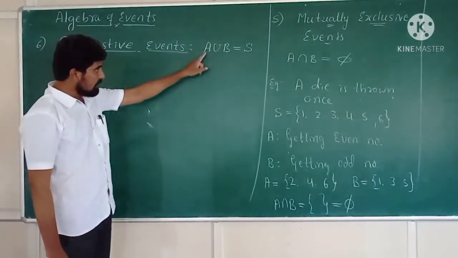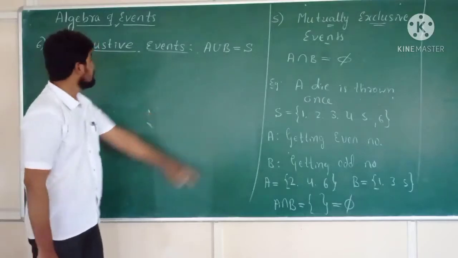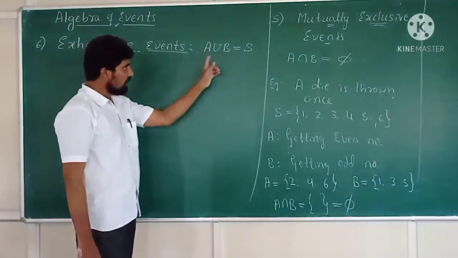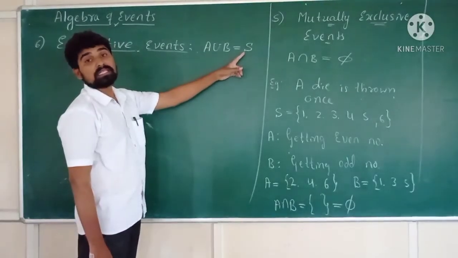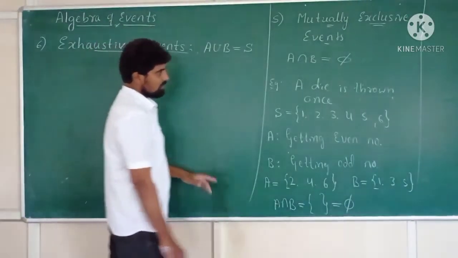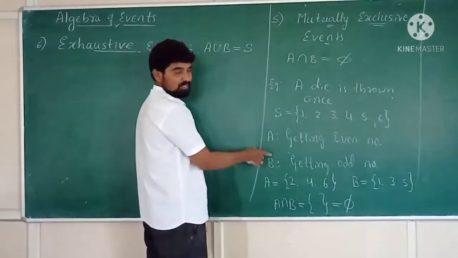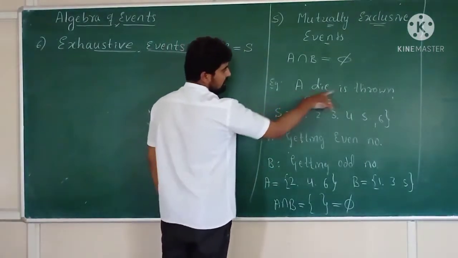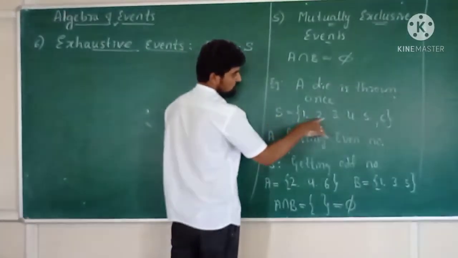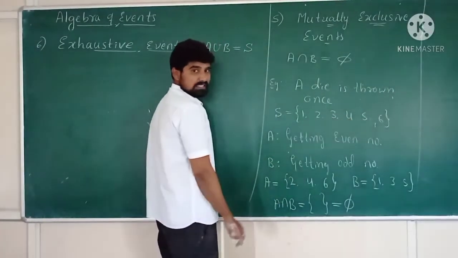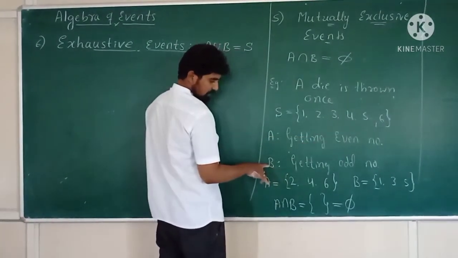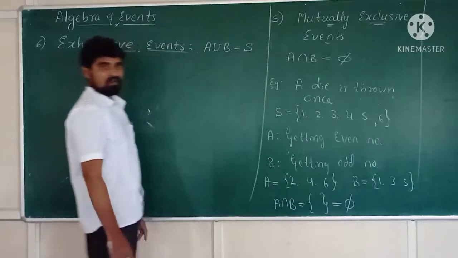Two events A and B are said to be exhaustive events if A union B is equal to S. Let us consider the example. The same example described here, that is a die is thrown once. The sample space consists of the elements 1, 2, 3, 4, 5, 6. And let A be the event getting an even number, B be the event getting an odd number.